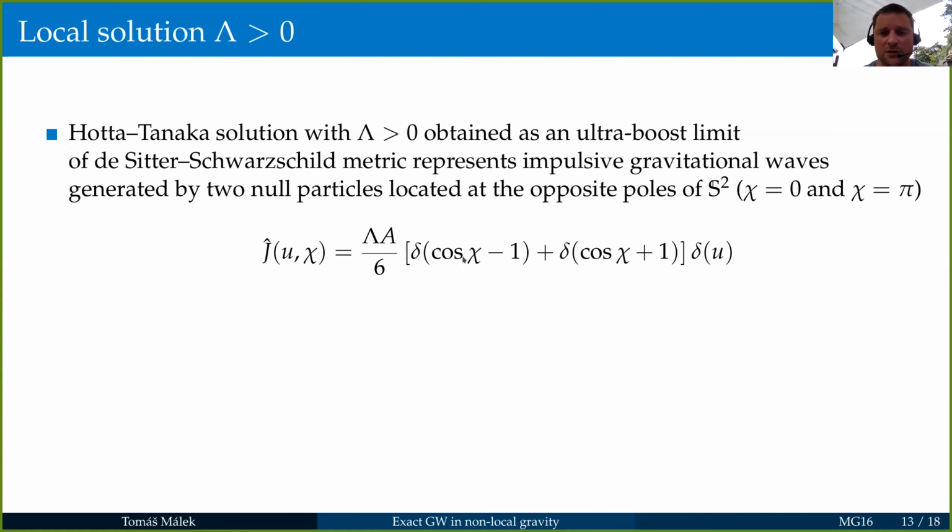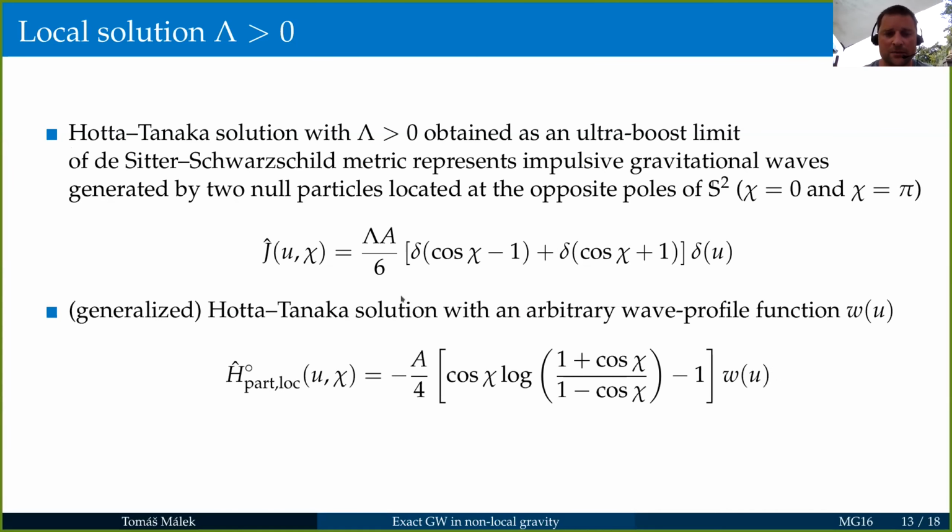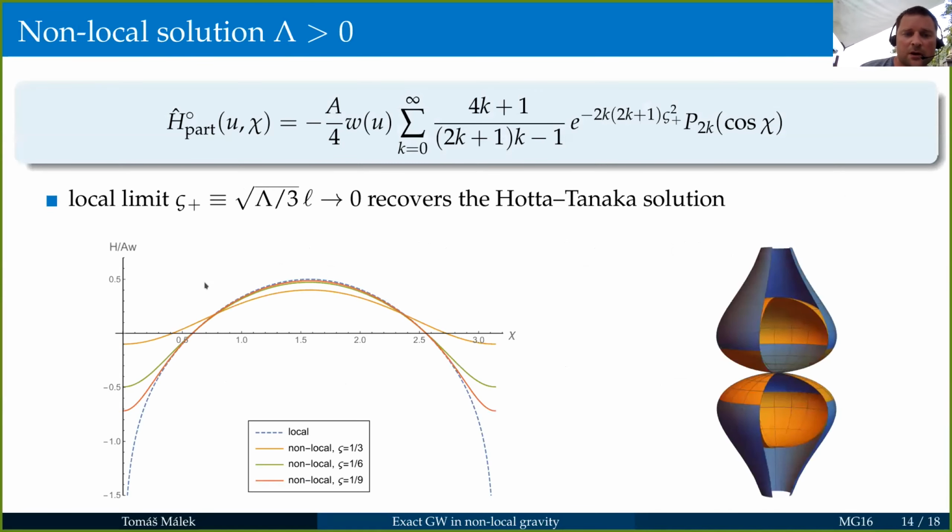So there are two sources. Again, using this source, we can find the local solution and a non-local solution. And in the limit where this sigma, which is just a rescaled parameter of non-locality, goes to 0, we recover the local GR Hotta-Tanaka solution.